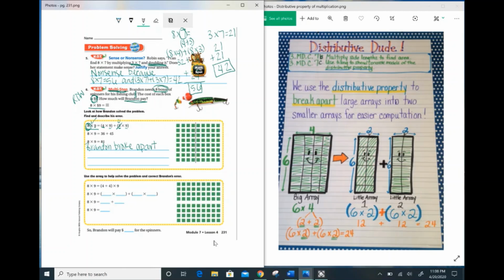We know that because 4 plus 5 equals 9 instead of doing 4 plus 4, which is 8. He broke apart the 9 and multiplied by 9, when he should have broken up the 8 right here and multiplied by 9.